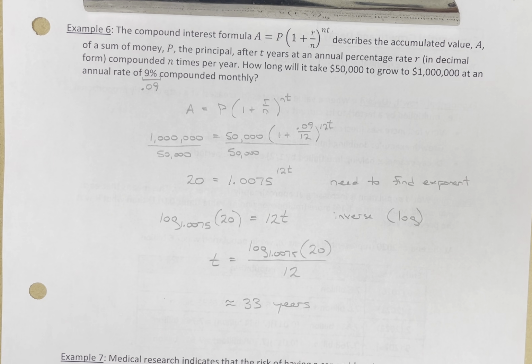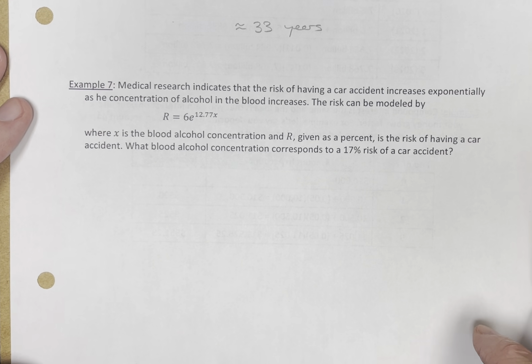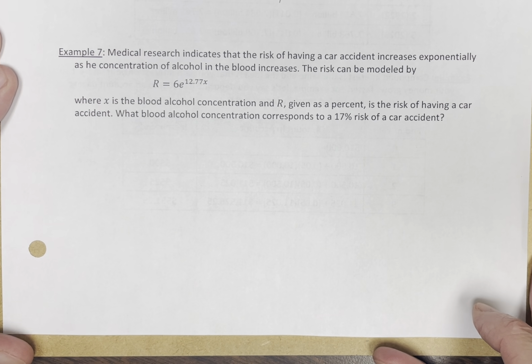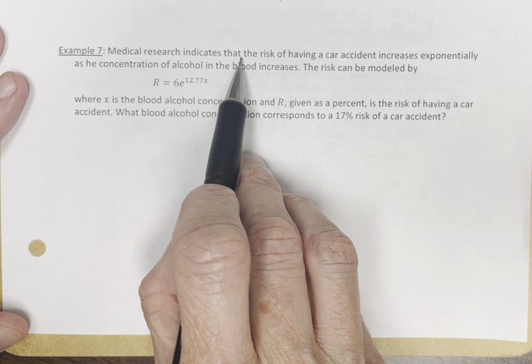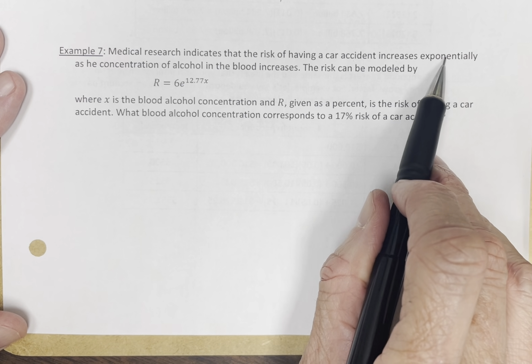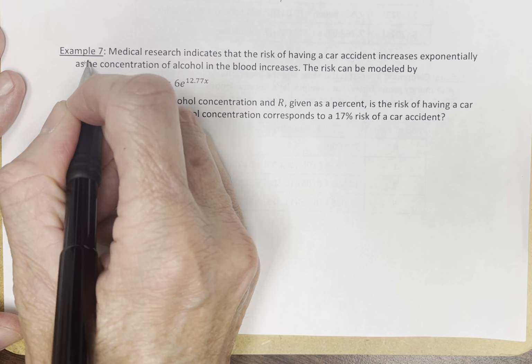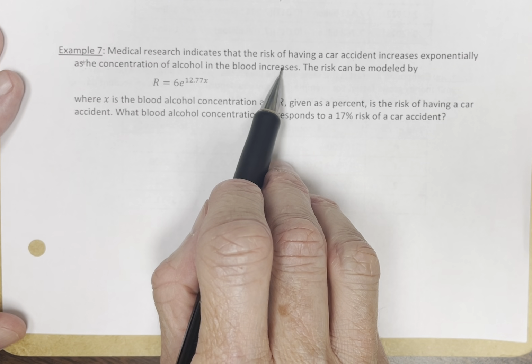Compounding, a whole other topic in finance. Last example, I think we're gonna go back to logs in this one and use a little natural log. Medical research indicates that the risk of having a car accident increases exponentially as the concentration of alcohol in the blood increases.